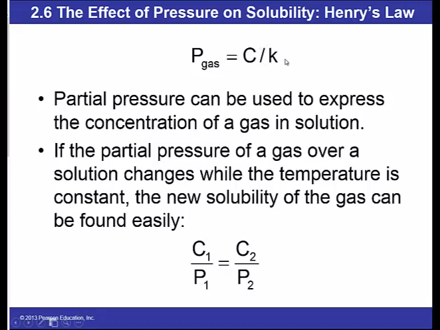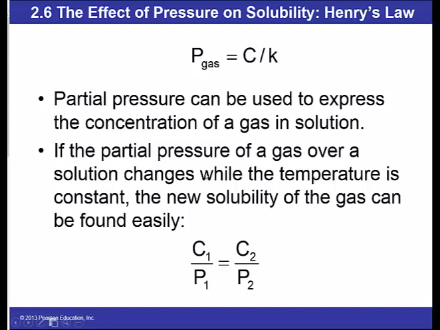And this is going to be related by a proportionality constant K. So what we can say is the concentration of one gas in solution at one pressure is going to be equal to the concentration of a second gas at a second pressure, and that's going to be related to this proportionality constant because we can set this equal to K, right? And so we saw with our other gas laws at the end of chapter 8 that we did similar things with pressure and temperature relationships as well, which were directly proportional.